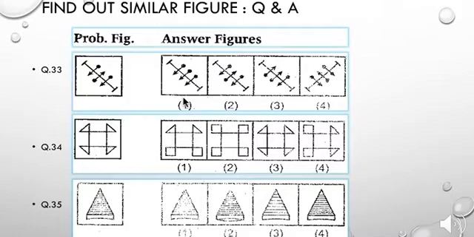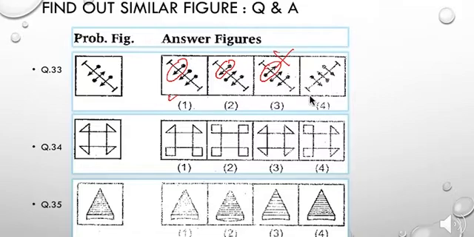In option 1, yes, the basic line is the same and the first design is exactly the same. So this is okay by seeing this figure alone. Let's check in the next problem figure. Yes, this is fine. In the third it is not fine because the direction of the arrow has been changed, so this is ruled out.